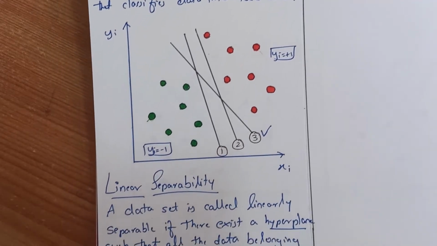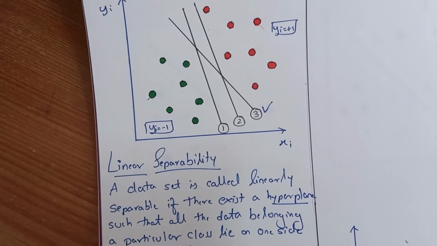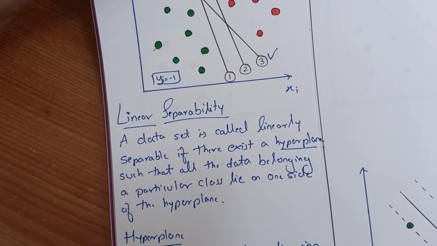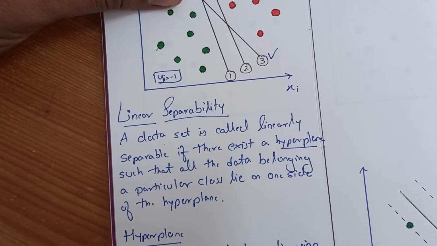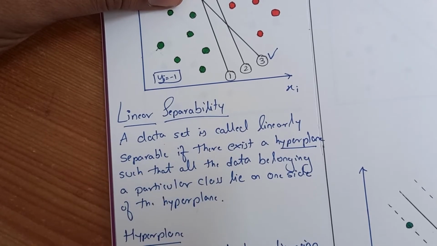When we say the support vector machine algorithm can only be used where the data is linearly separable, the definition is given here. A data set is called linearly separable if there exists a hyperplane such that all the data belonging to a particular class lie on one side of the hyperplane. What is a hyperplane?